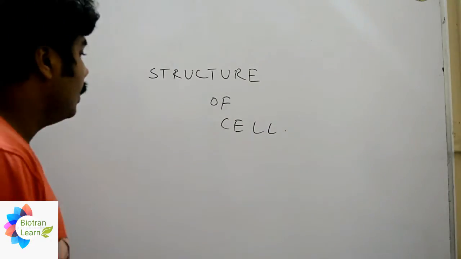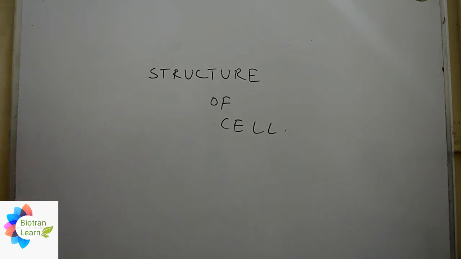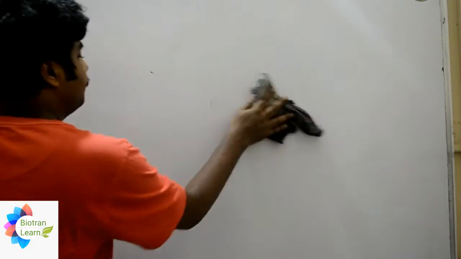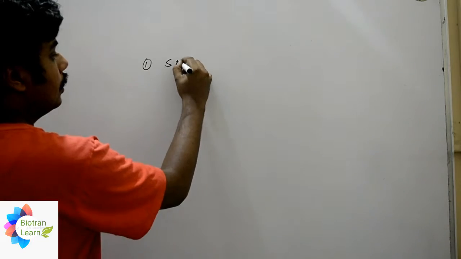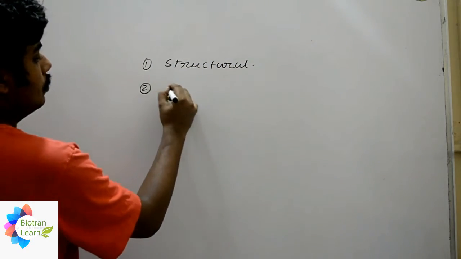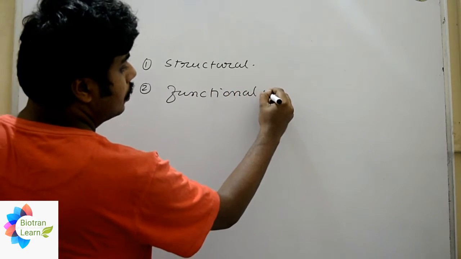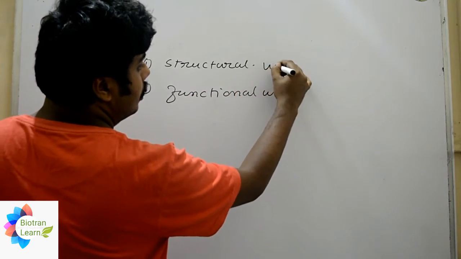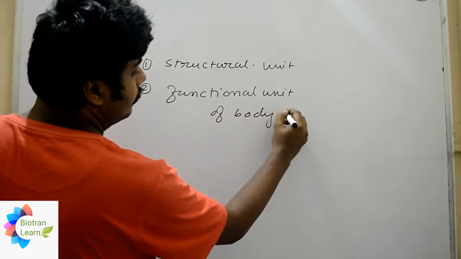A cell, we can define as number one, a structural, and number two, a functional unit of a body or organism.